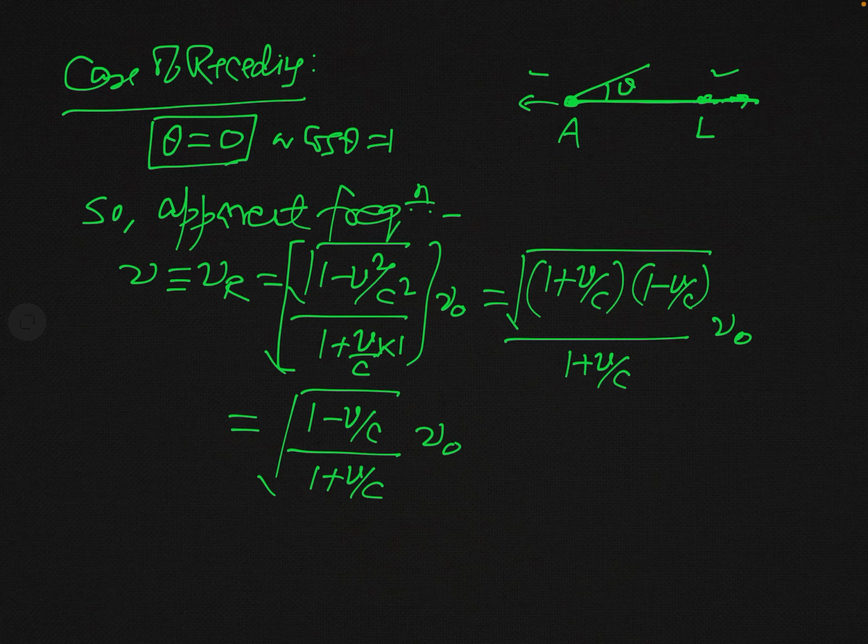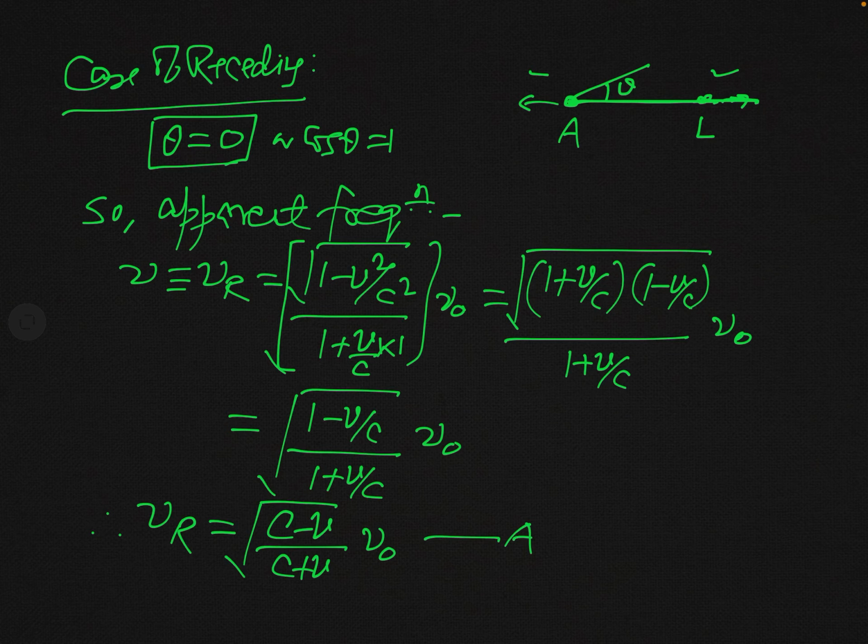And simply when you take the LCM, the result will be square root of c minus v by c plus v into nu naught. So we get nu r is equal to square root of c minus v over c plus v into nu naught. So this is actually the apparent frequency in case of receding.